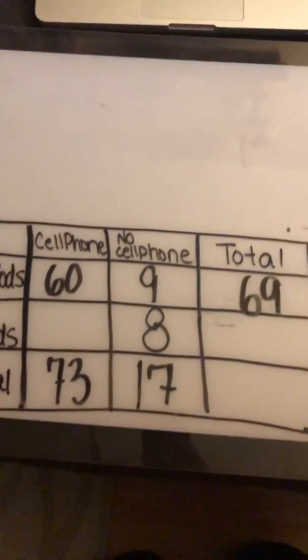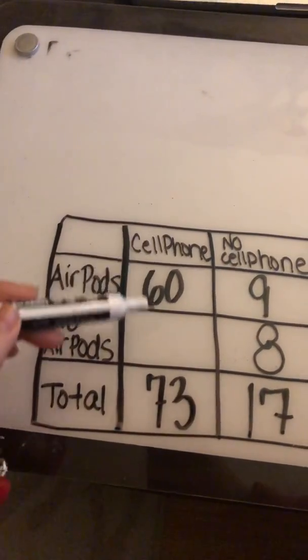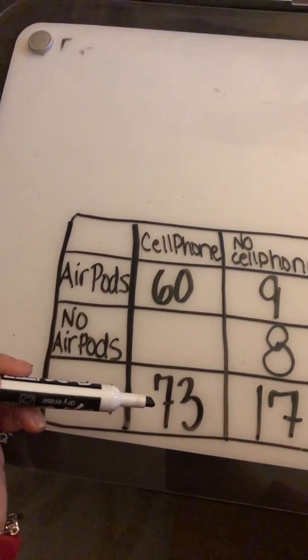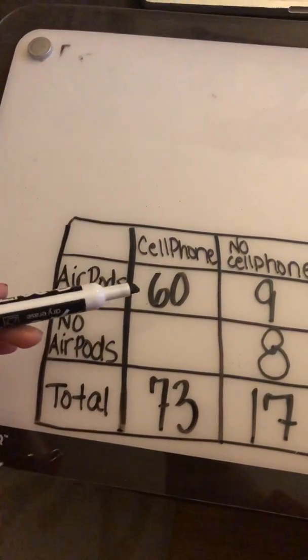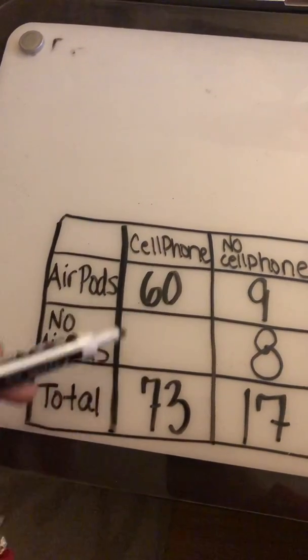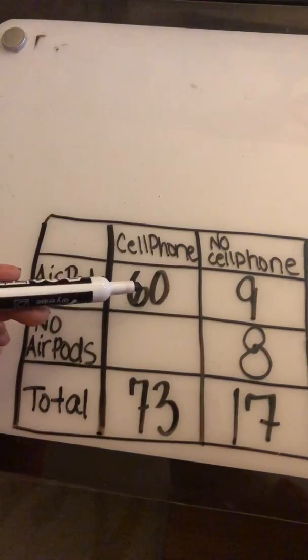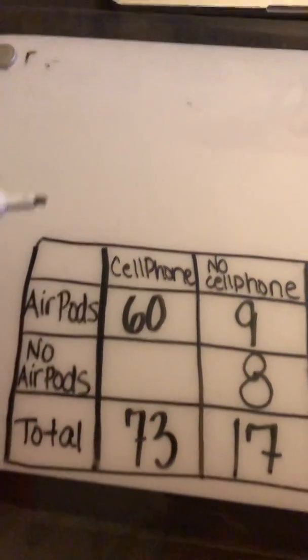Okay, the other ones are going to take us a little bit extra work. So let's see. If I go to the cell phone category, I know that 60 of the 73 students own a cell phone and AirPods, right? If I wanted to figure out what this number is, well, if 73 is my total, and 60 of them are here, then whatever's left over would be the missing category here.